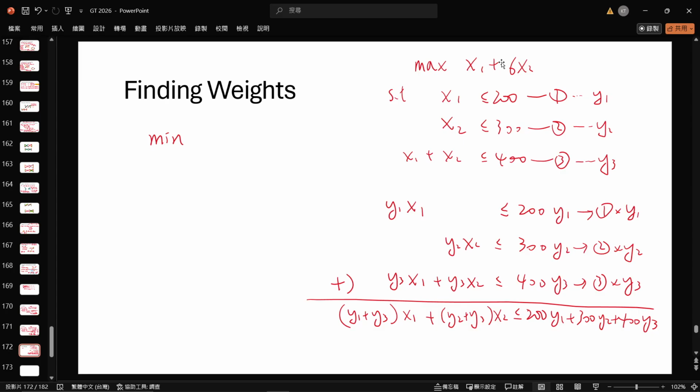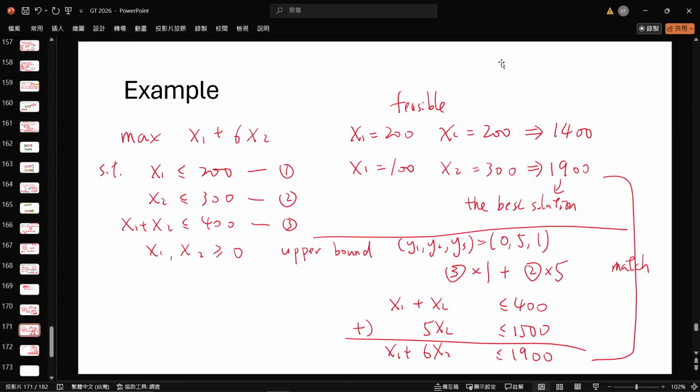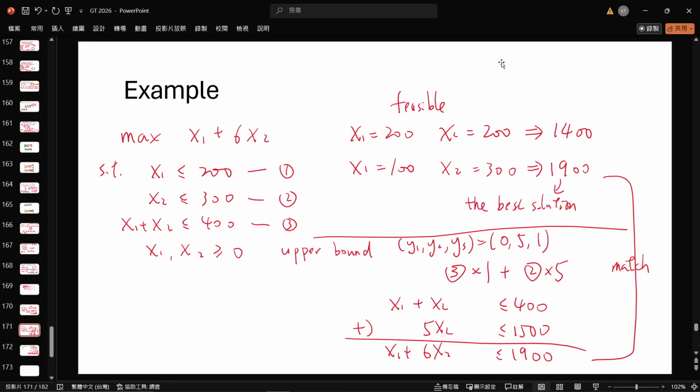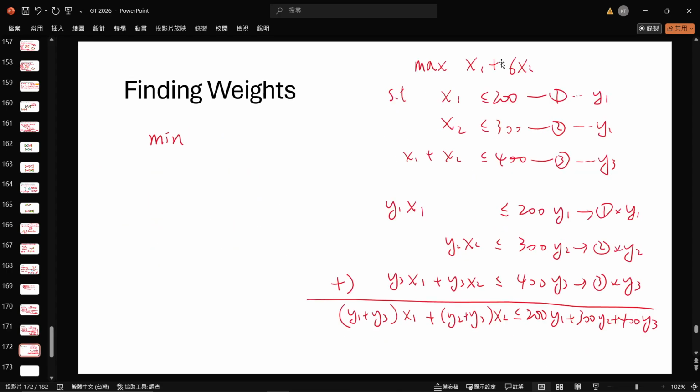So if you replace y1, y2, y3 with 0, 5, 1, then this inequality will be x1 plus 6x2 is at most 1900. For example, you can try. So y1, y2, y3.